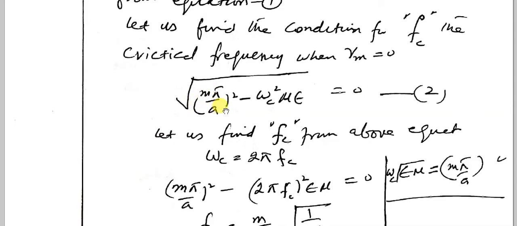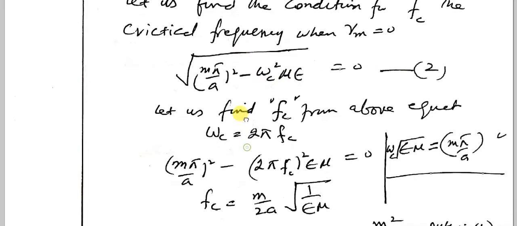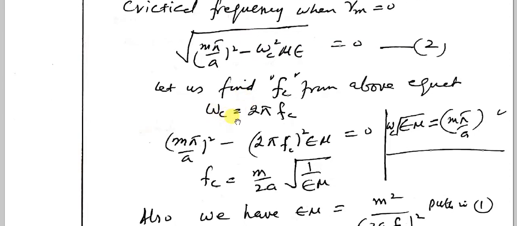So when we put gamma m equal to 0 in equation number 1, we have m pi over a whole square minus omega c whole square mu epsilon, where omega c is equal to 2 pi fc.